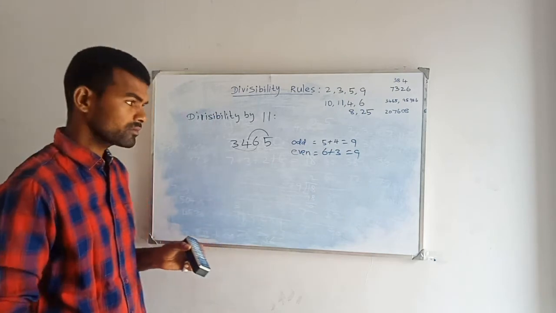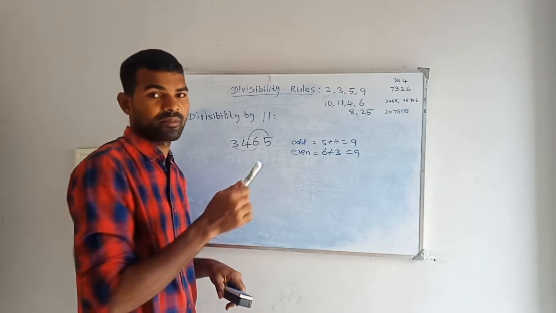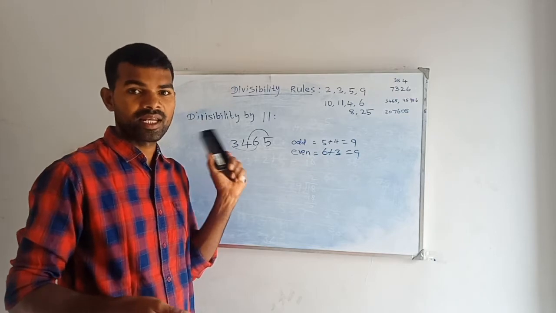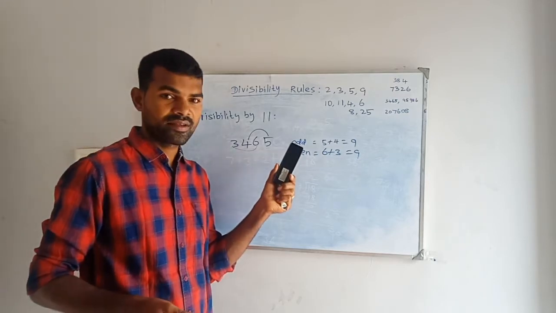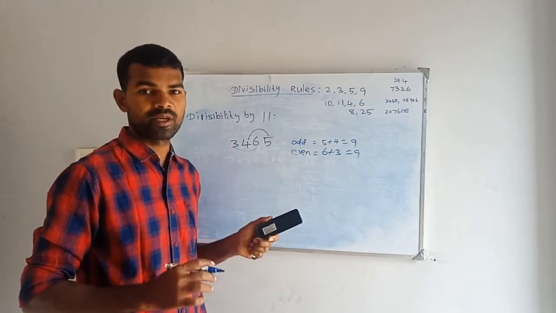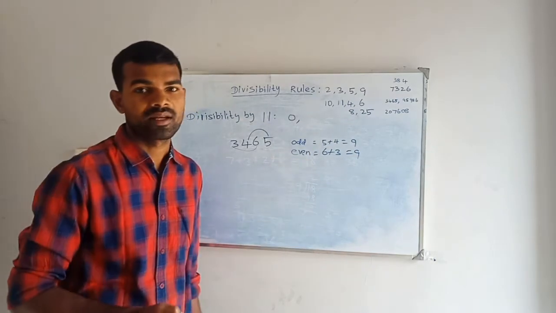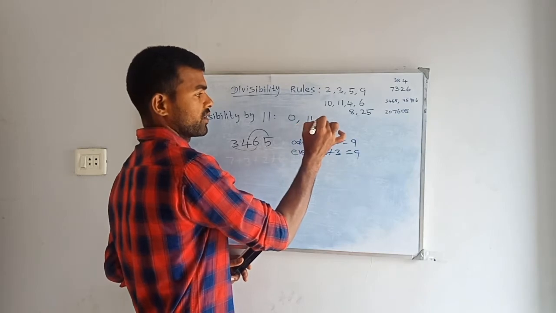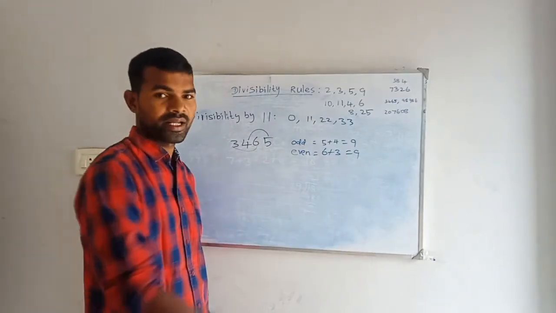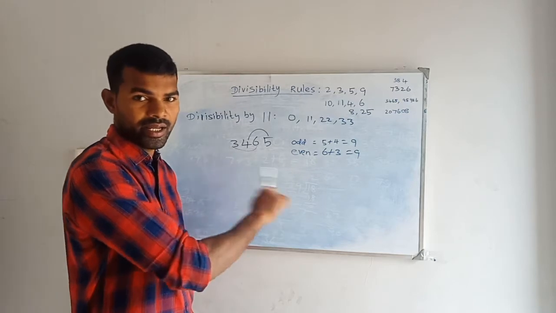When the difference of the sum of odd digits and the sum of even digits is 0 or a multiple of 11, then the number can be divided by 11. That is, 0 must come, or else the 11 table: 11, 22, 33. If it comes to anything like this, then the full number can be divided by 11.